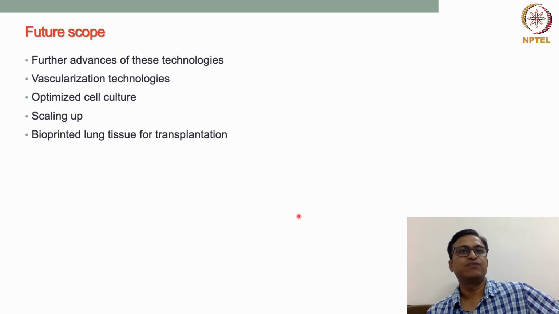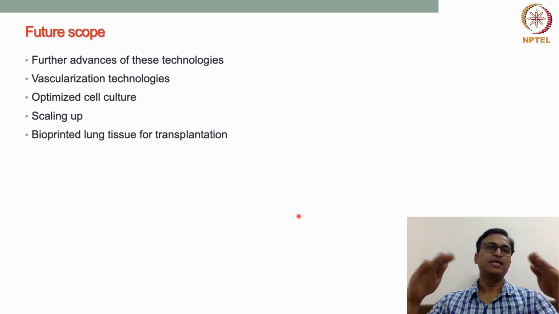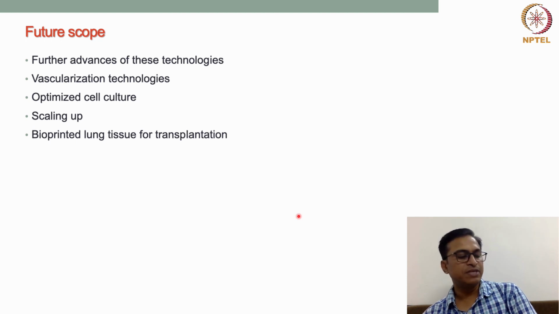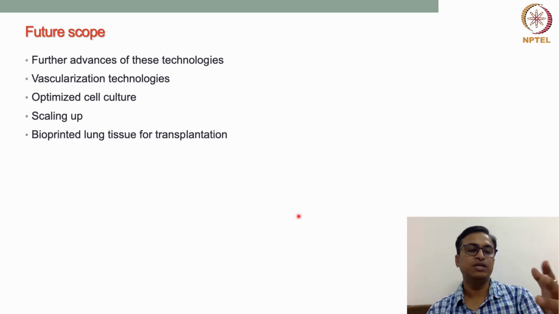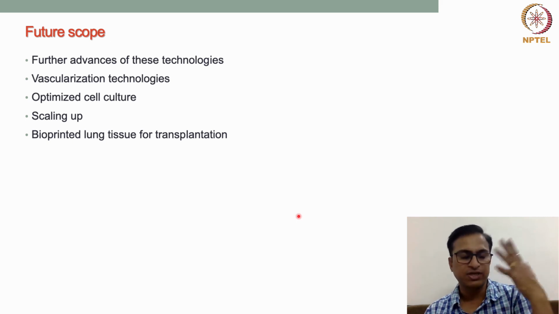Even to generate a fully functional lung tissue, intricate vascularization is very much required, as we have seen before that in the lung, the vascular structures form intricate capillaries adjacent to the basement membrane, and on the other side there are epithelial cells, where the air is circulated.